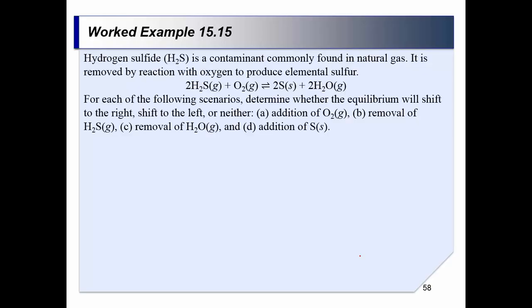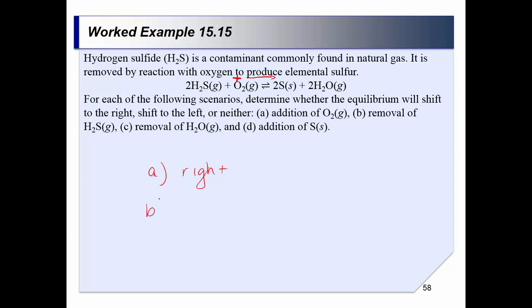So for each of these scenarios, we determine if the equilibrium will shift to the right, left, or neither. If we have something like the addition of oxygen, so we're adding here, we will shift away from an addition. So A will be shifting to the right.